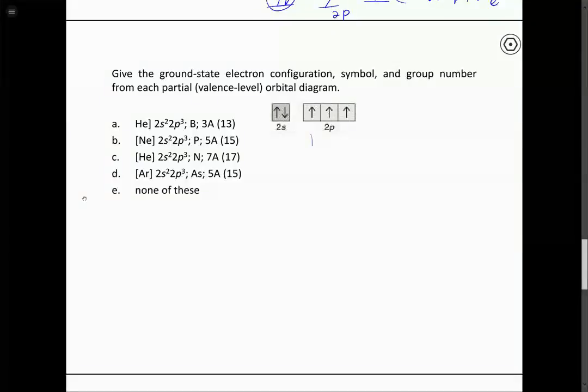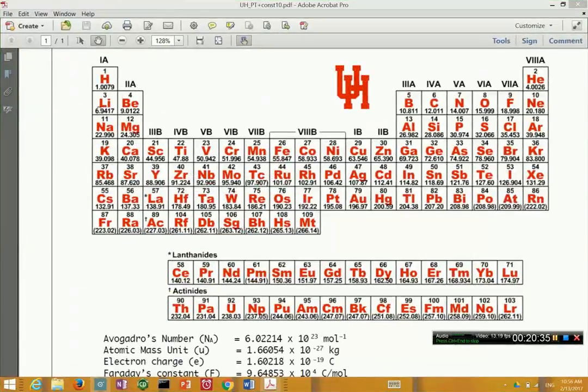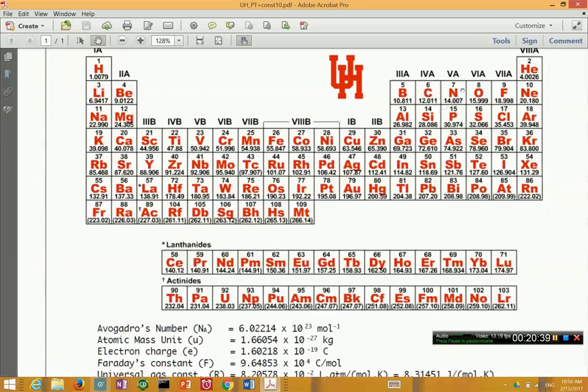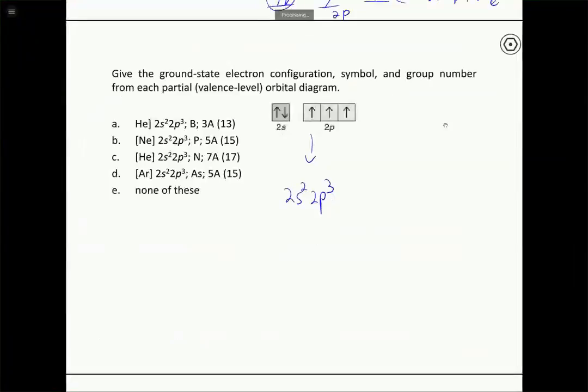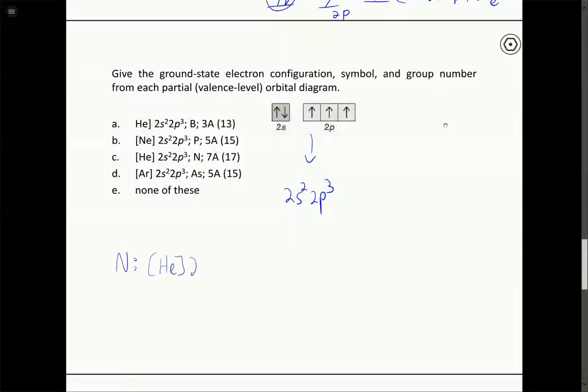Here we have 2s2, 2p3 as our valence electrons. If you go to the periodic table, the 2s2 is here, and then 2p3, 2p1, 2, 3, that identifies this as nitrogen. Most of you identified the element correctly. So this is going to be nitrogen, and the full configuration is going to be helium, those are the core electrons, and then 2s2, 2p3.